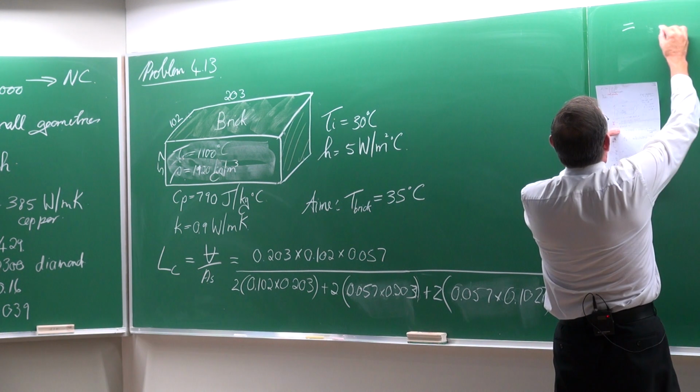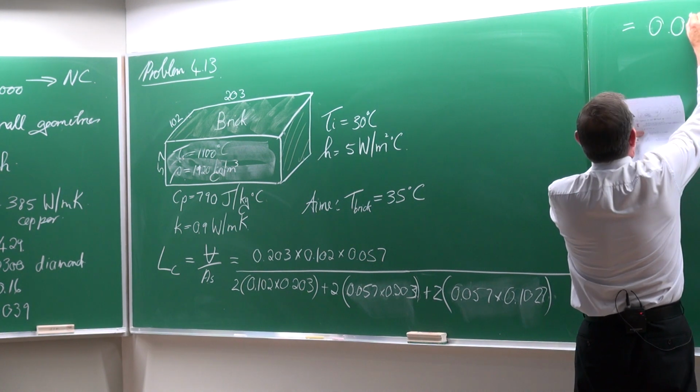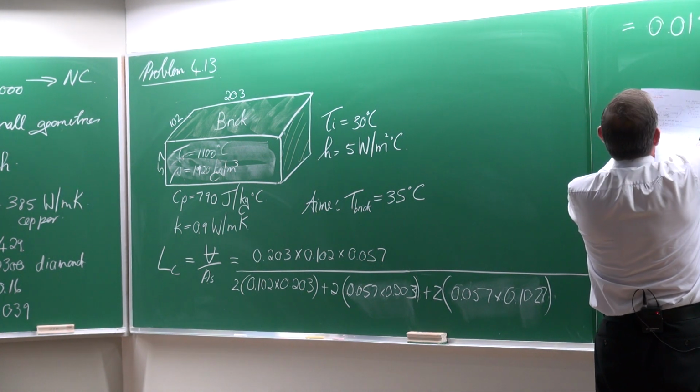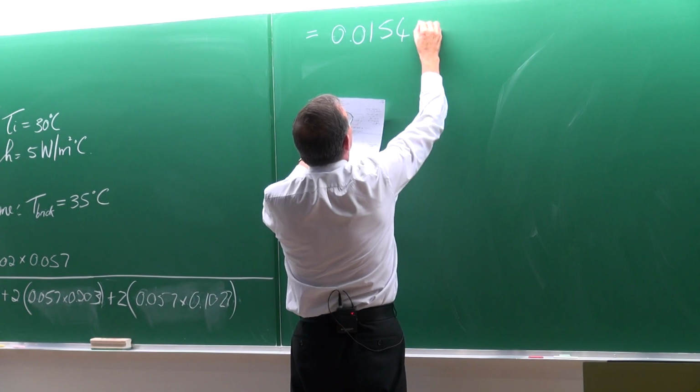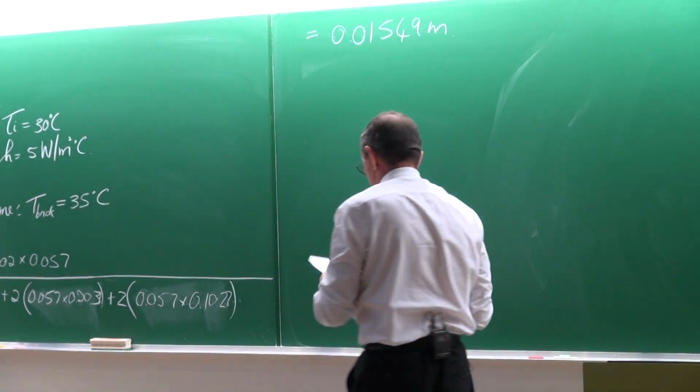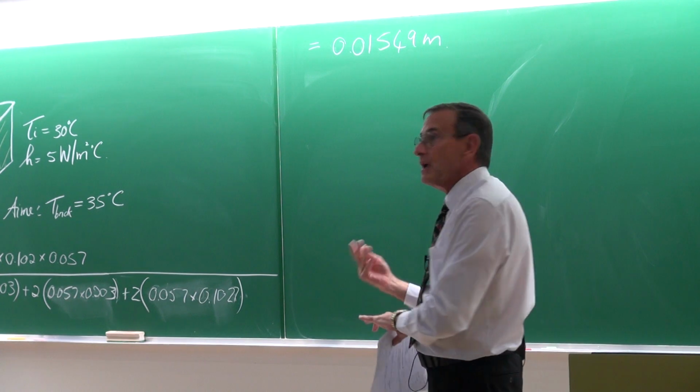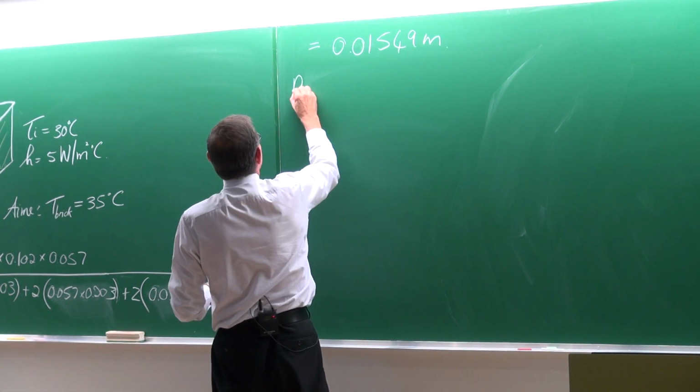In any case, if we now go through the calculation, the characteristic length is equal to 0.01549 meters. Now we can calculate the Biot number.